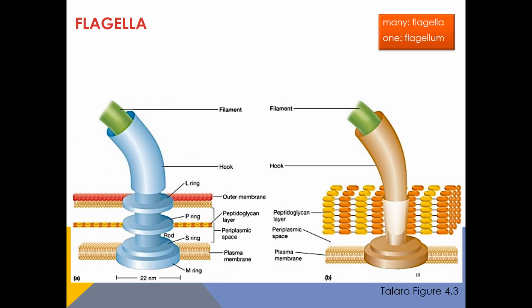But all flagella have an anchor, which is this stuff down here at the bottom. And all flagella have a curved hook and a filament, and this is the long solid protein that makes the actual flagellum.